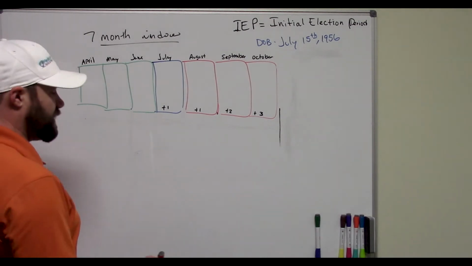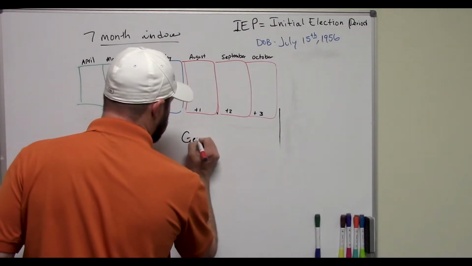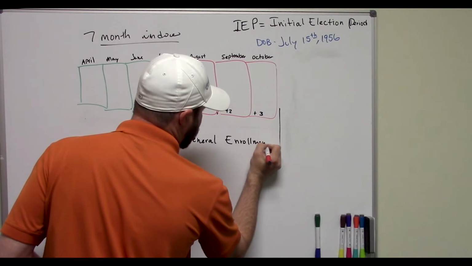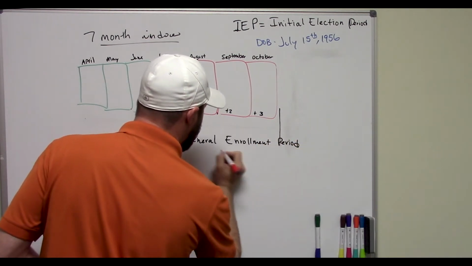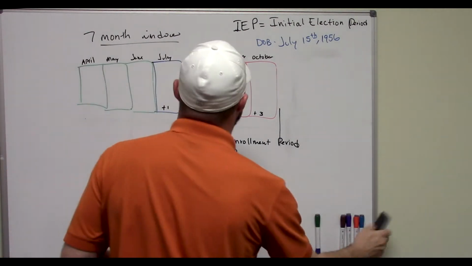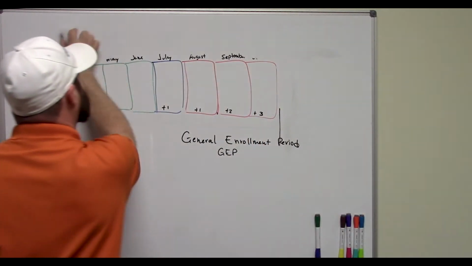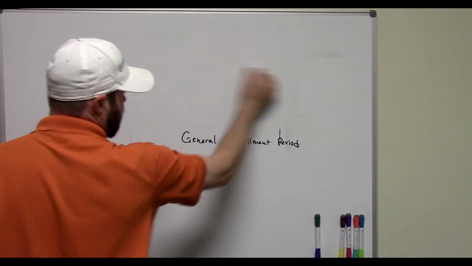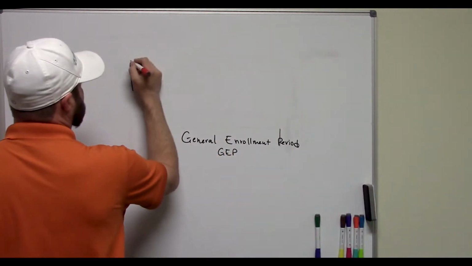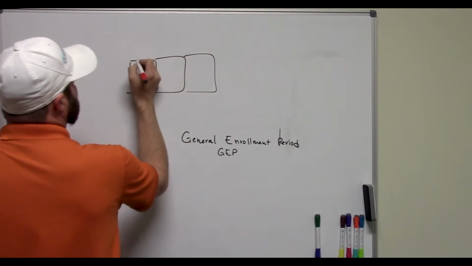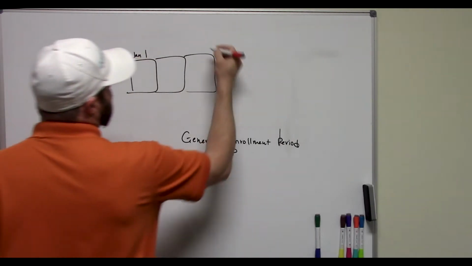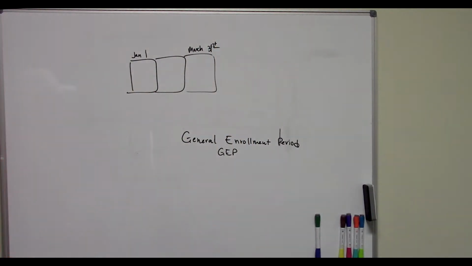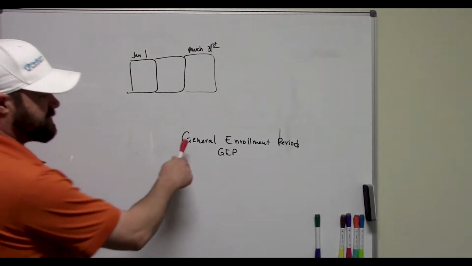You're going to have to wait for what's called the general enrollment period, or GEP, which is a 3-month window that starts January 1 and ends on March 31st. And so January 1st to March 31st is a general enrollment period.